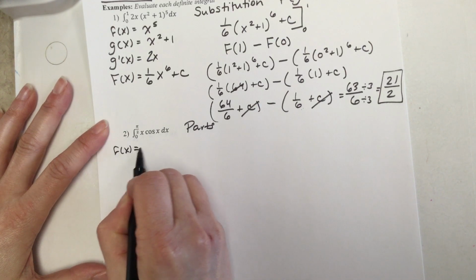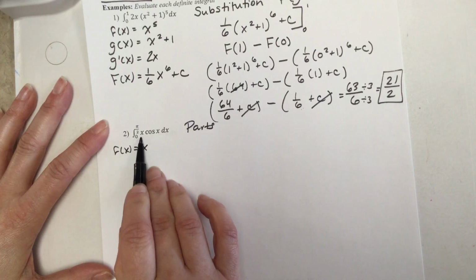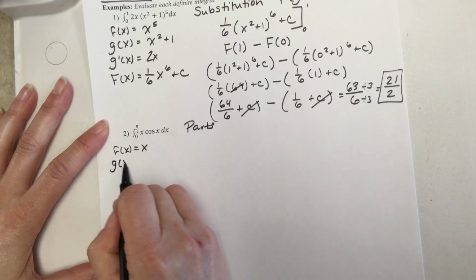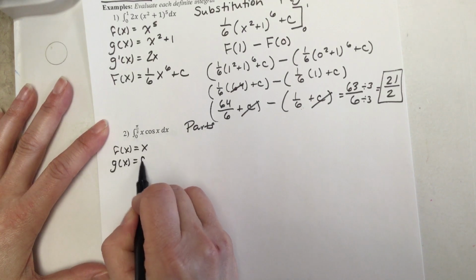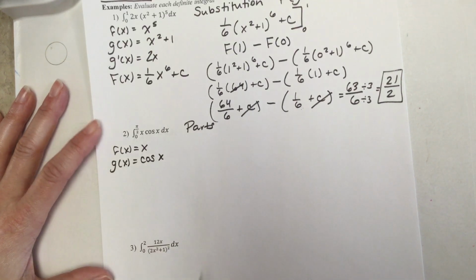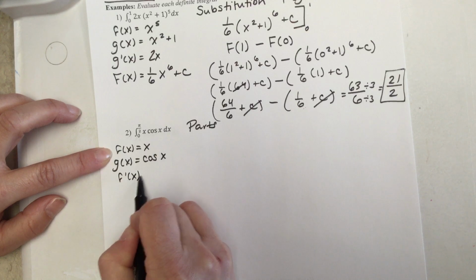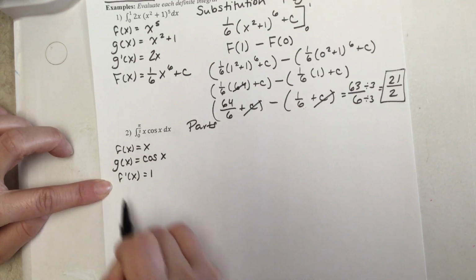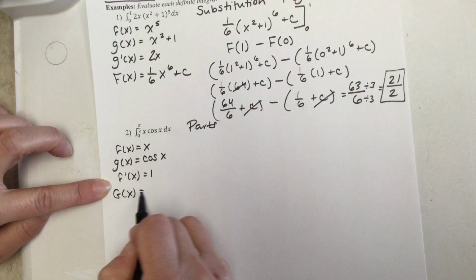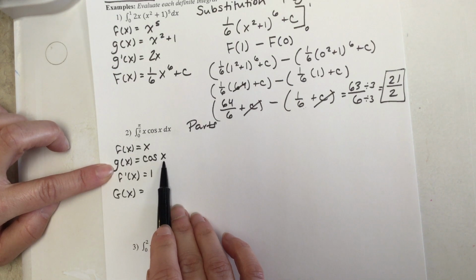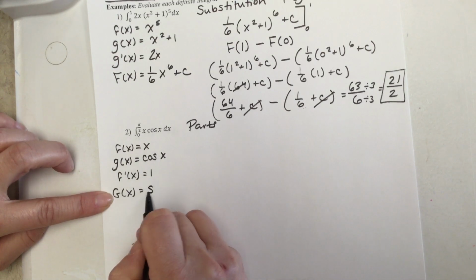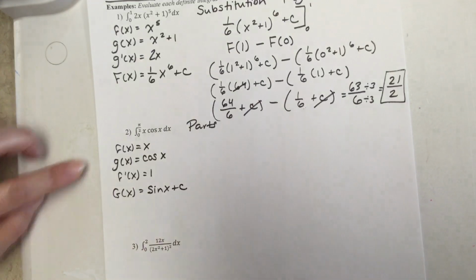So f of x equals x. It's the first term. G of x, our second function, is the cosine of x. When you're doing integration by parts, I want the derivative of f of x, that's a 1. Then I do the antiderivative of a cosine. The antiderivative of a cosine is a sine of x plus c.